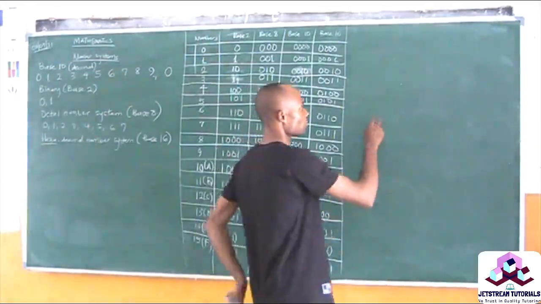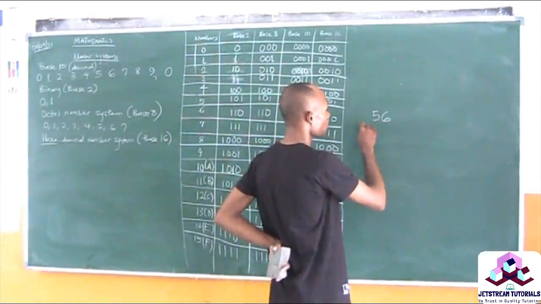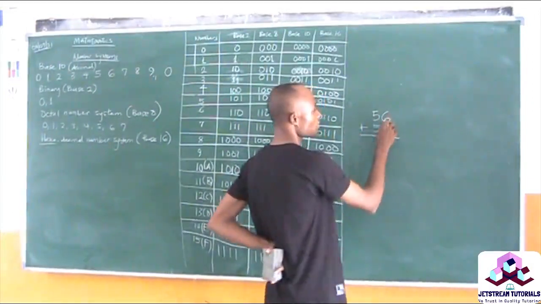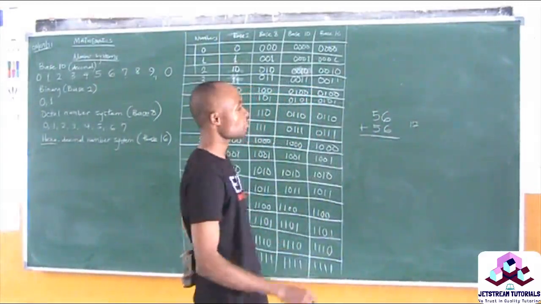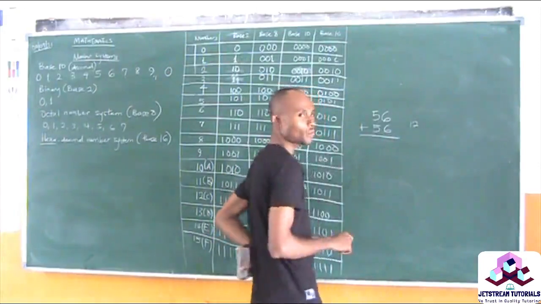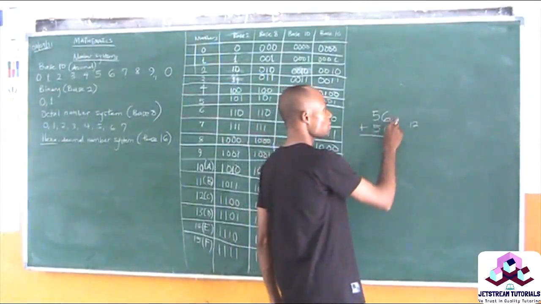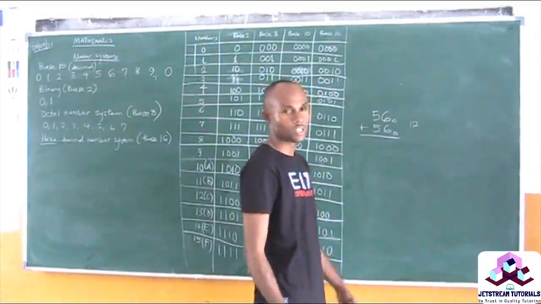In base 10, when you are adding a particular number, let's say 56 plus 56, this is a number in base 10. 6 plus 6 is 12. Right? Now, in the base 10 number system, what do we do? First of all, you cannot write 12. Since it's a decimal number system in base 10, how many 10s can go into 12?